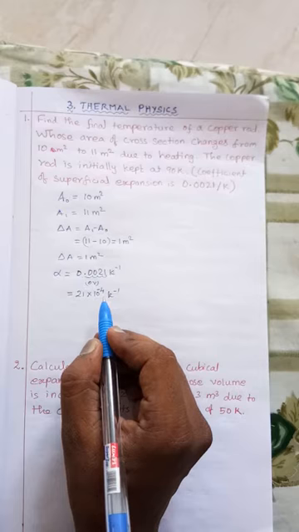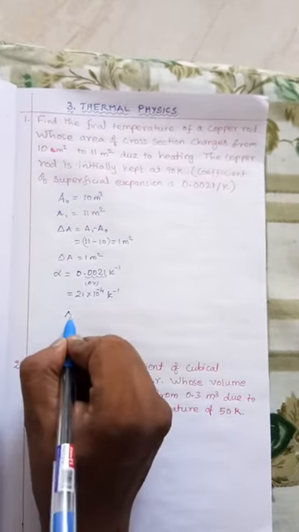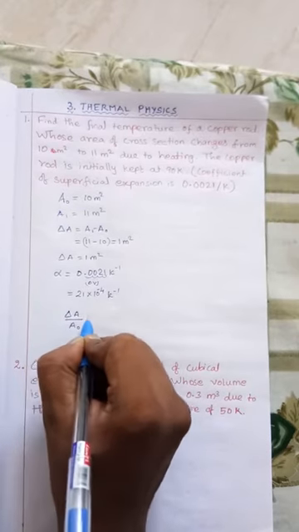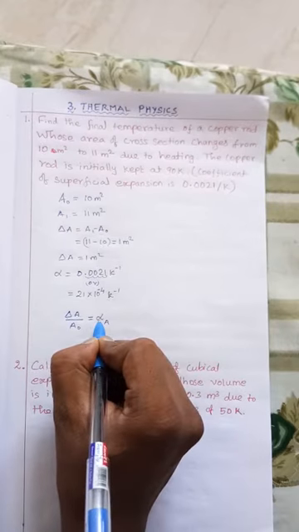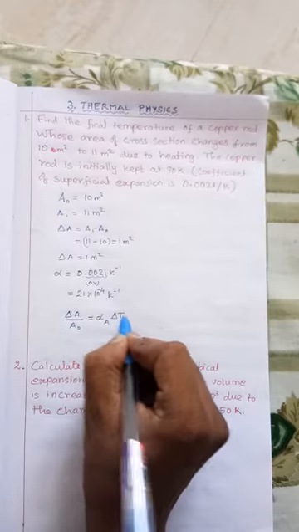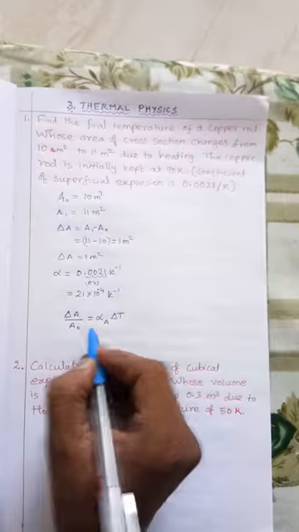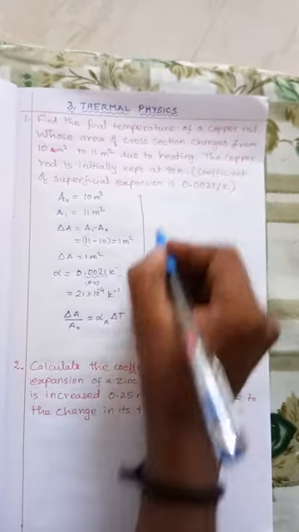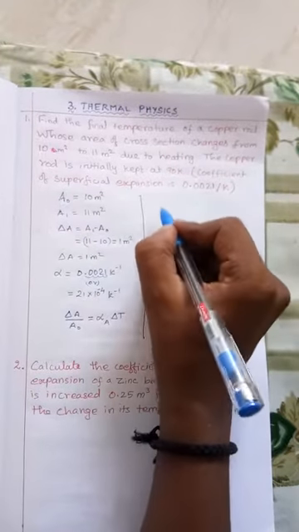Now we want to find the final temperature. The formula: delta A, the change in area, divided by initial area is equal to the coefficient of superficial expansion into delta T. Delta T is the change in temperature. We want to find the value. The delta A value, you already know, is 1.